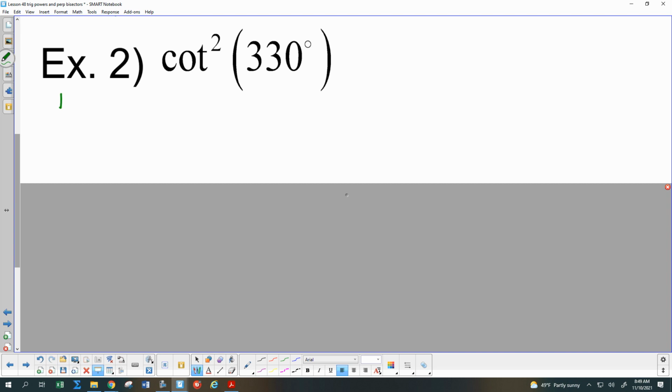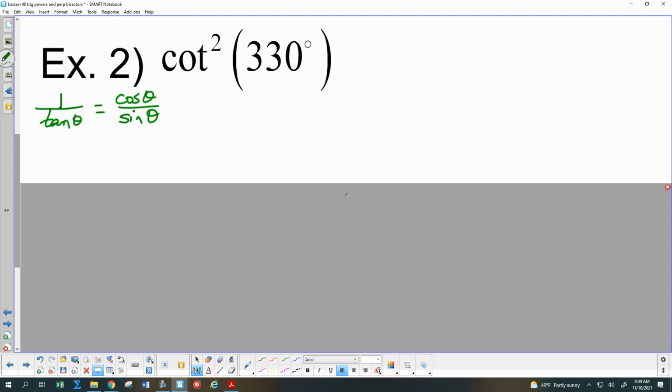Cotangent is either 1 over what? 1 over the tangent of our angle, or it is cosine over sine. And we use the second one if we're in a place where tangent is undefined, if we're at the top or bottom of the unit circle.